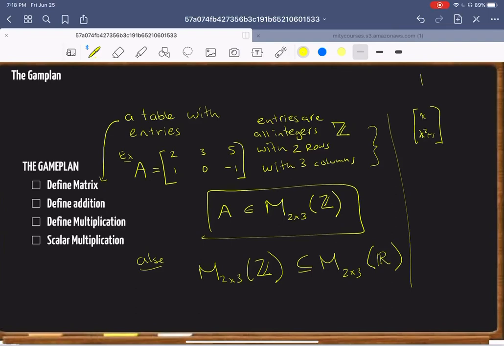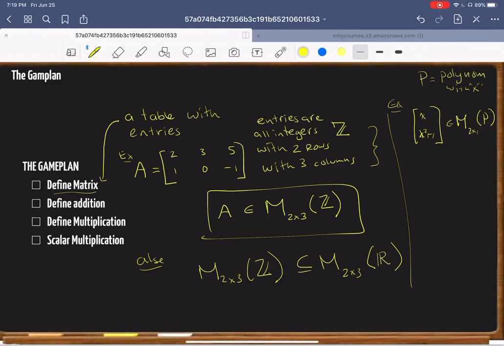Let's say P is the collection of all polynomials with x as the variable. Then I could say that this is a member of the set of all matrices that are 2 by 1 that have polynomial entries. So this would be another example. That's how we define matrices, and that's the common notation.